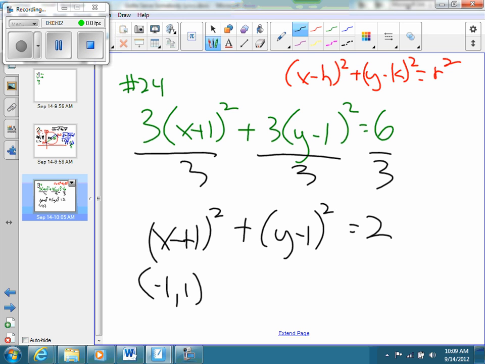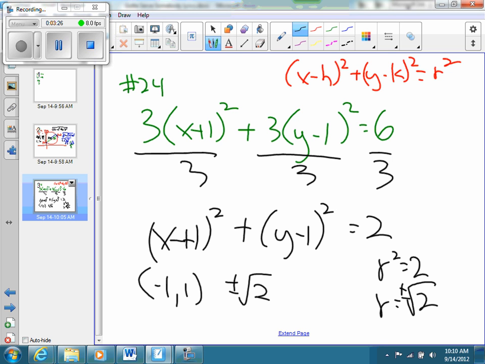Here's the formula. So what's going to be my radius? Plus or minus the square root of 2, because this is my r squared. If I have r squared equals 2, then r is going to equal plus or minus the square root of 2.